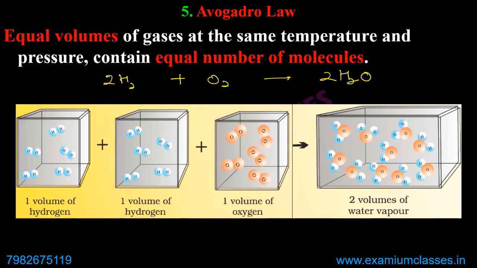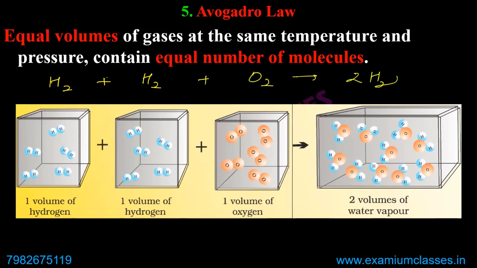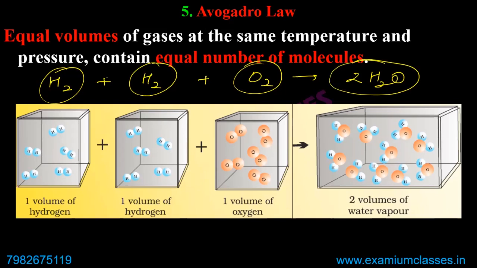How you can write 2H2, you can write H2 plus H2 plus O2 gives you 2H2O. Now what you see, here you have 1 mole, here you have 1 mole, here you have 1 mole, here you have 2 moles. And moles and volumes are directly related. It means this is 1 volume, this is 1 volume, this is 1 volume, this is 2 volume.